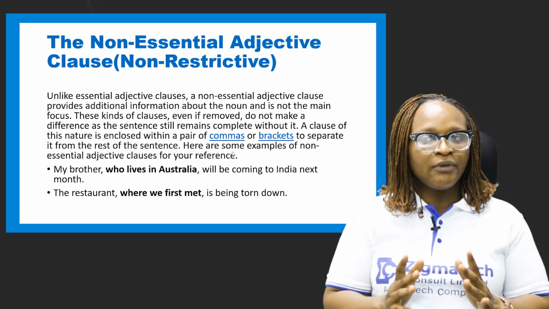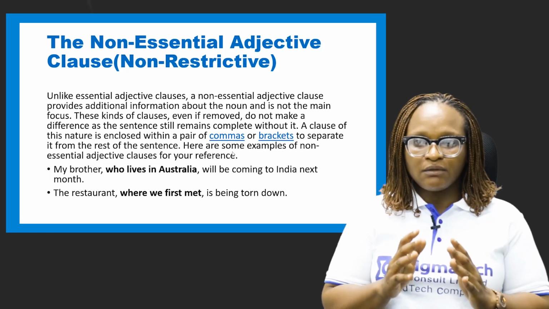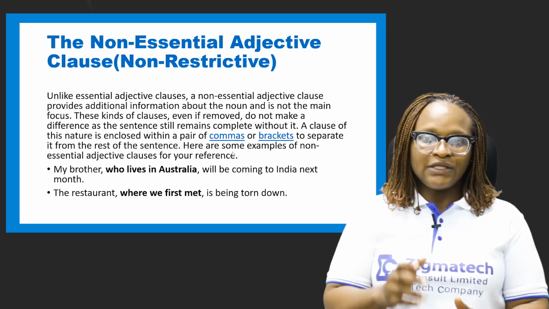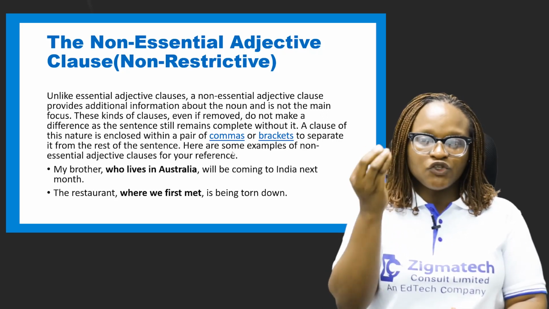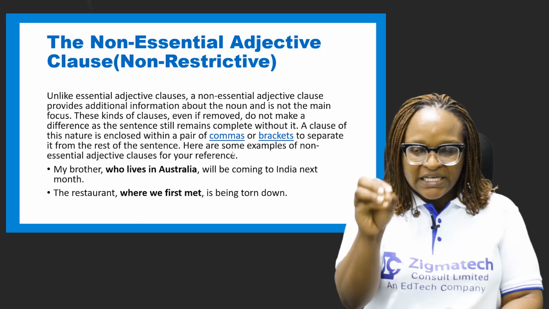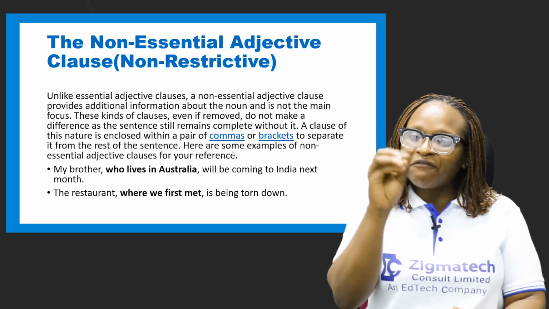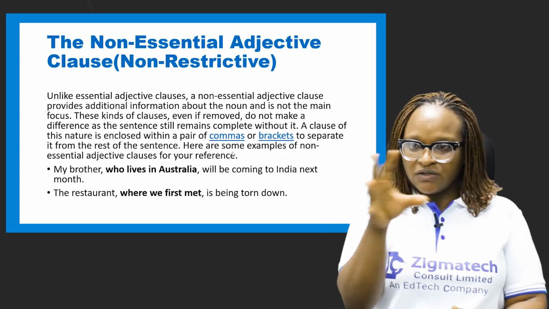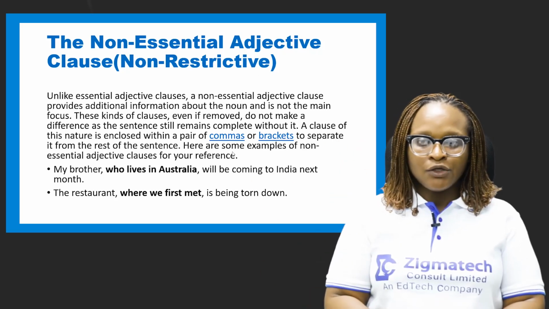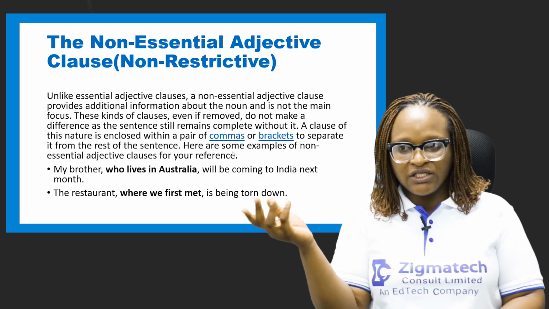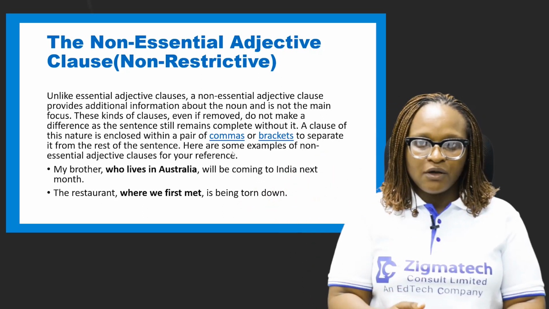My brother will be coming to India next month. So that's why it's not restrictive. It's not restricted. Your removal of the subordinate clause within the sentence does not affect the meaning. It doesn't hinder the information it decides to pass to the reader. So my brother will be coming to India next month.